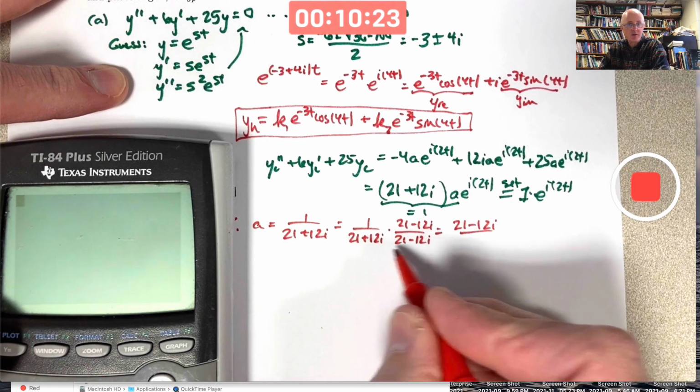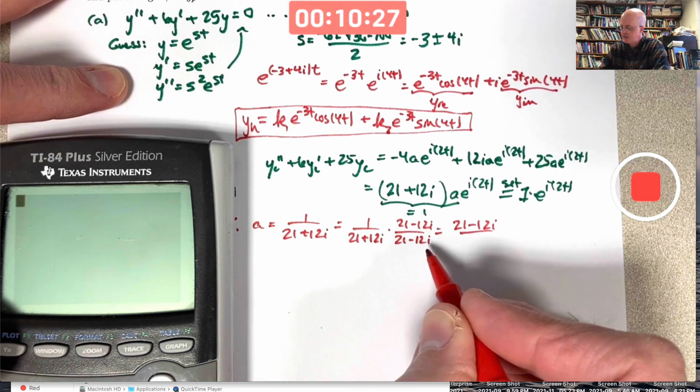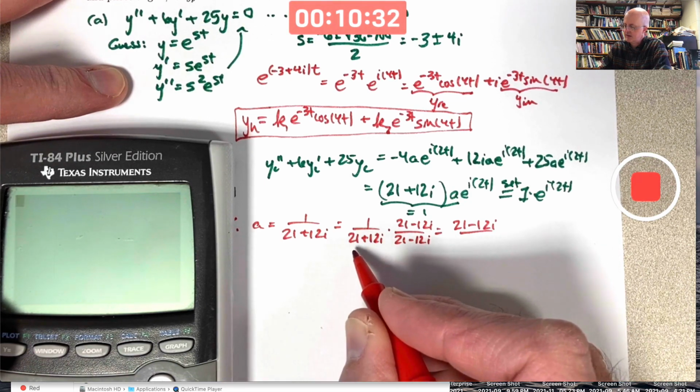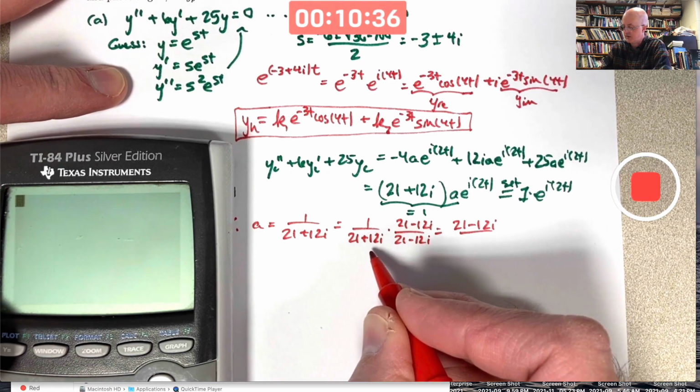When we FOIL this, first times first, outside times outside, inside times inside, and last times last, the outside and inside terms cancel, right? Because 21 times negative 12i is going to cancel with 21 times positive 12i.